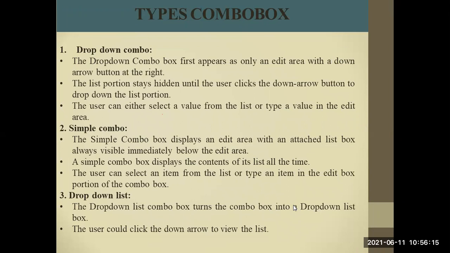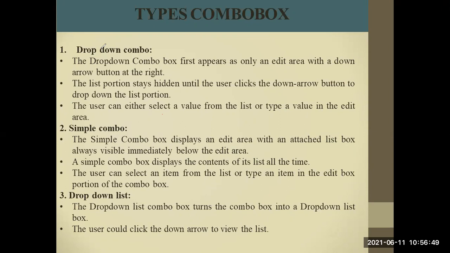As we already said, there are three different types of combo box. So let us understand what are their differences and what are the similarities between them. The first combo box, as I already said, is known as drop down combo or style 0. Basically the drop down combo box first appears as only an edit area with a down arrow button at the right.